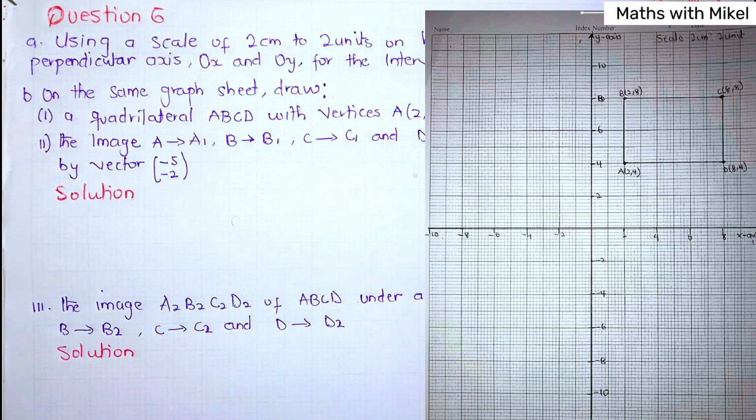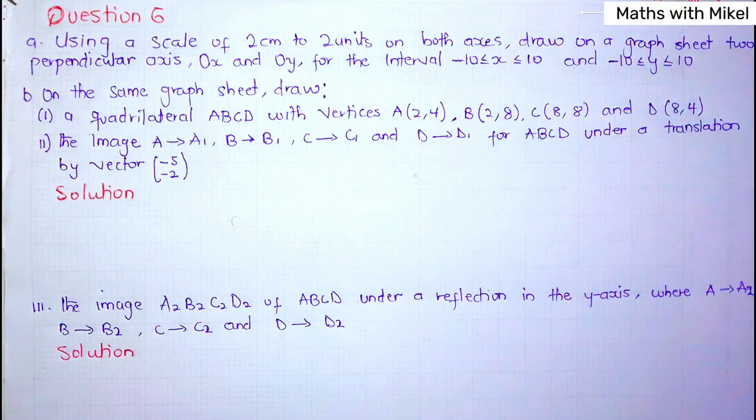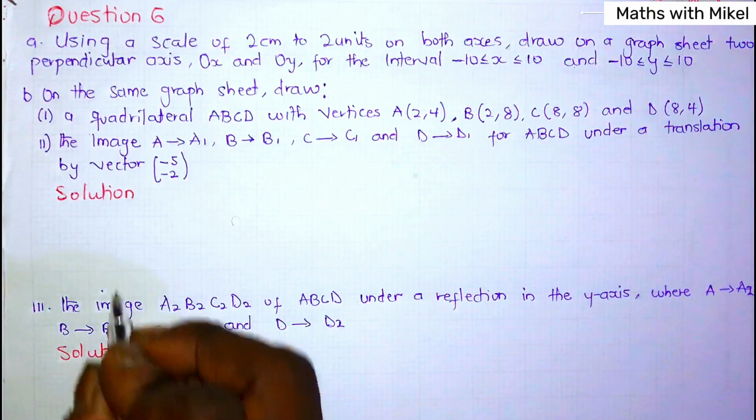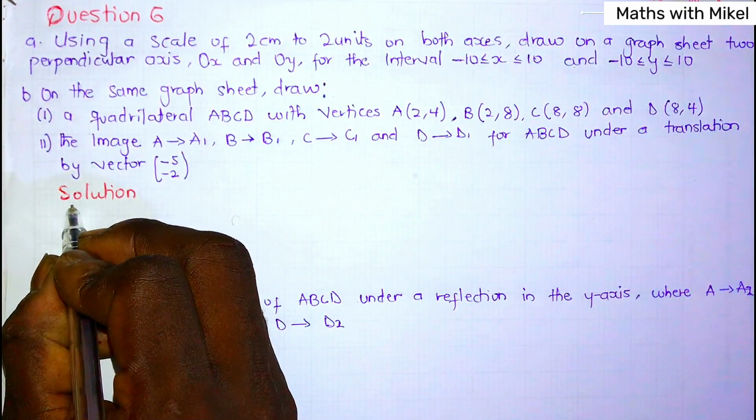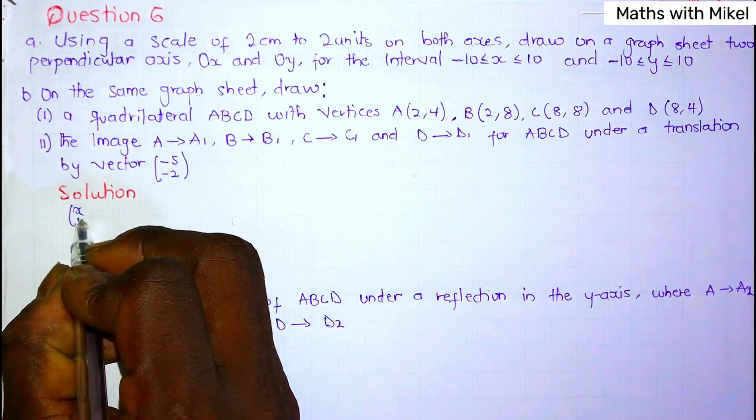Let's move on to the II. We are asked to find the image under the translation by the vector (-5, -2). Now the translation vector is given (-5, -2). So for A, now for translation vector, we add. So we are going to get x, y.